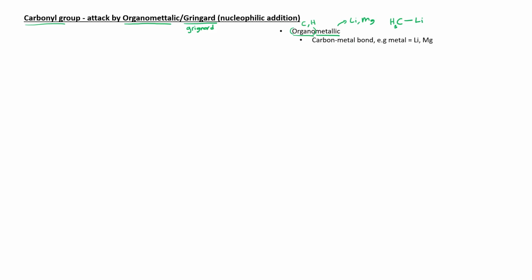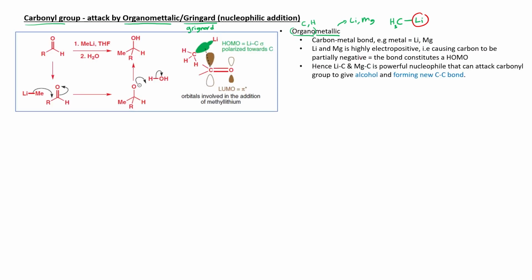Okay, so in a carbon metal bond, the metal, lithium or magnesium, is highly electropositive, causing carbon to be partially negative. Normally, when you see the carbon double bond O, you know that the electrons tend to be at the O, so carbon will feel partial positive and O partial negative.